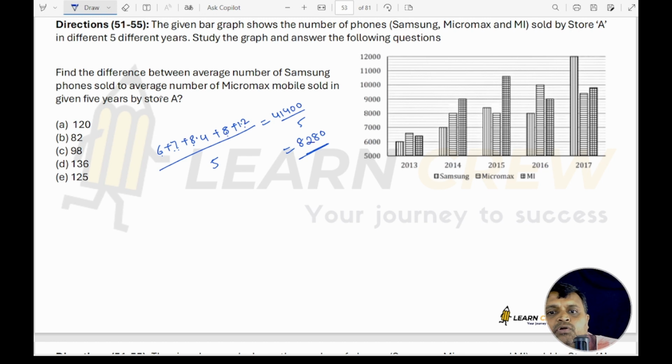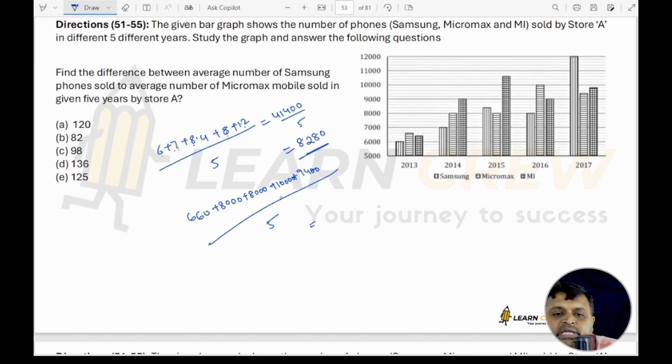And what about the Micromax? It is 6,600 plus 8,000 plus 8,000 plus 10,000 plus 9,400, divided by 5. So how much are you going to get here?